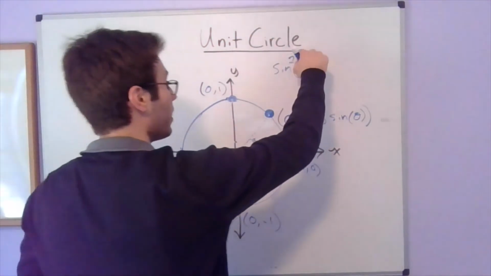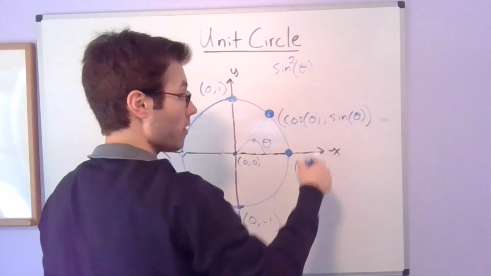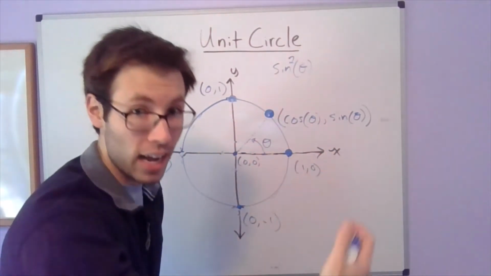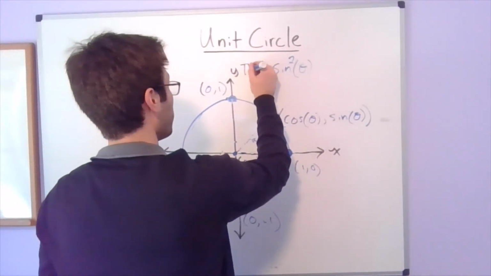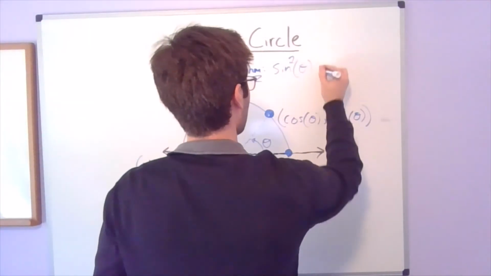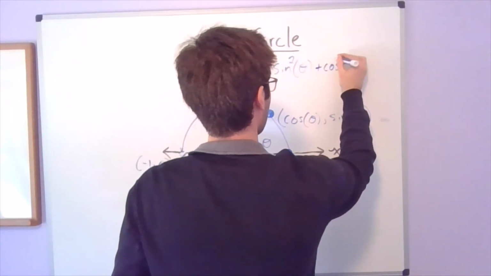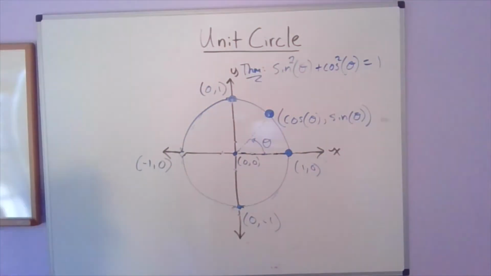So this is denoting sine of theta squared, which is sine of theta times sine of theta. So the theorem is that sine squared theta plus cosine squared theta always, always, always equals 1.